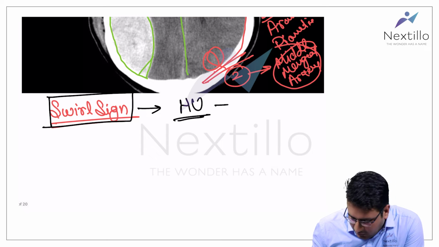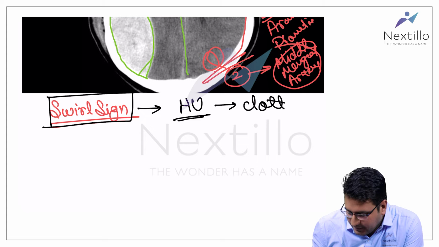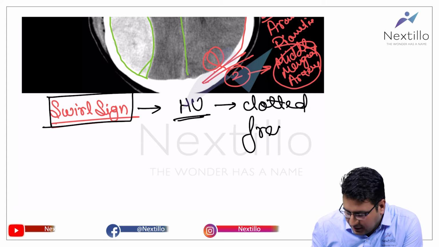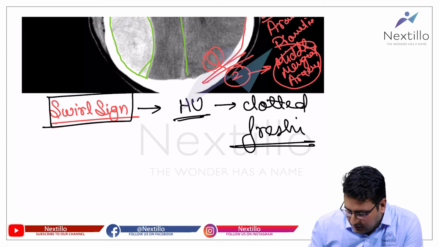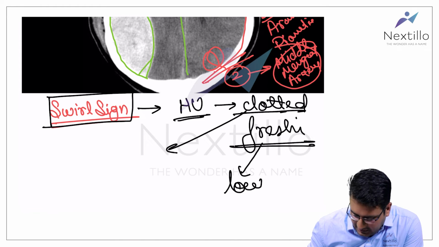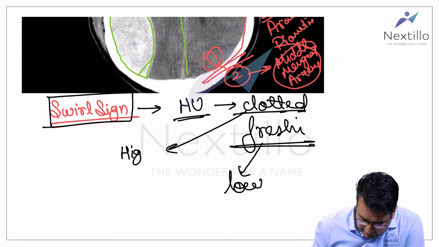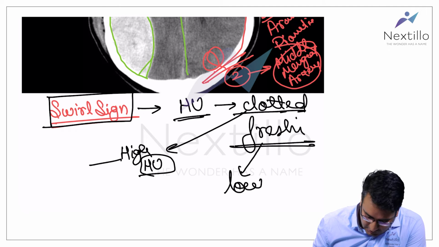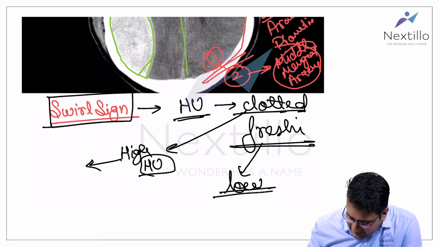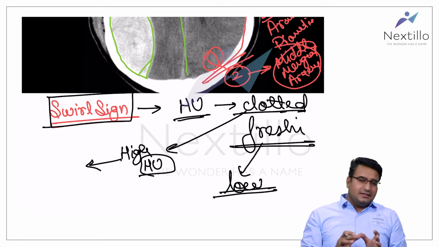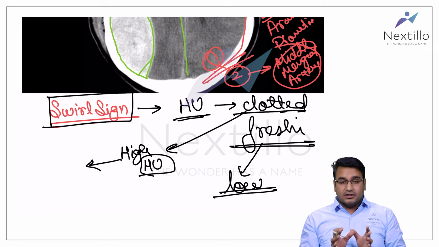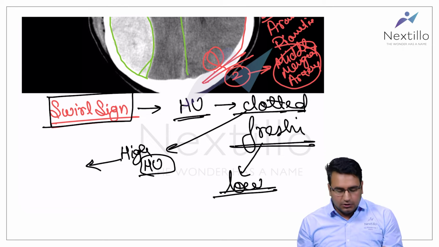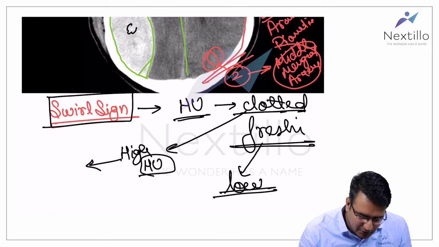The third question is the swirl sign. The HU value of clotted blood and fresh blood is different. Fresh blood is of low HU value, whereas clotted blood is of high HU value, high Hounsfield units. These are called Hounsfield units. In an acute or hyperacute case, when fresh blood is oozing, it can appear hypodense.